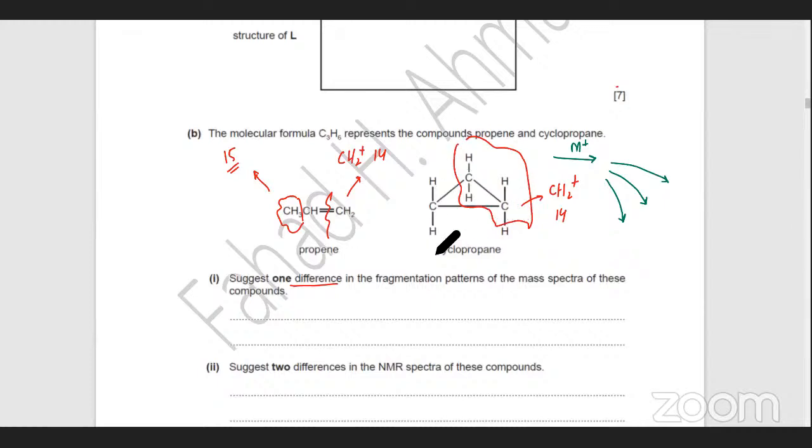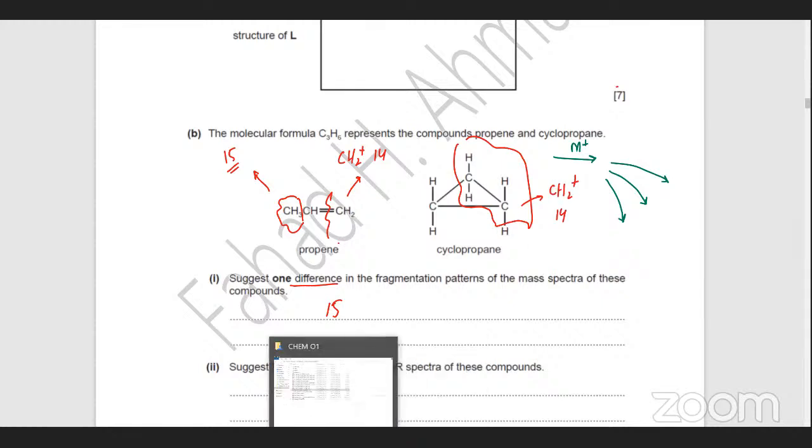So no matter where you break this molecule, it's never going to give you 15. So that is one major difference: a fragment of 15 that's produced over here, but not over here. Is this clear to everyone else?